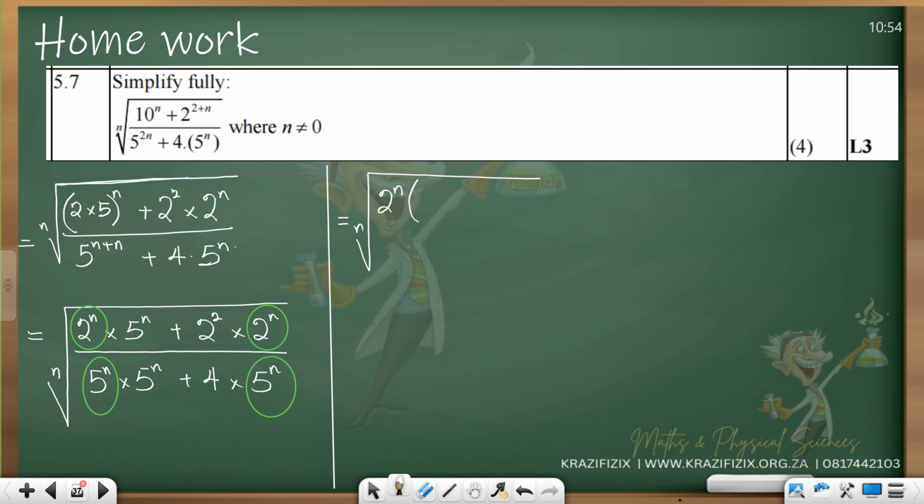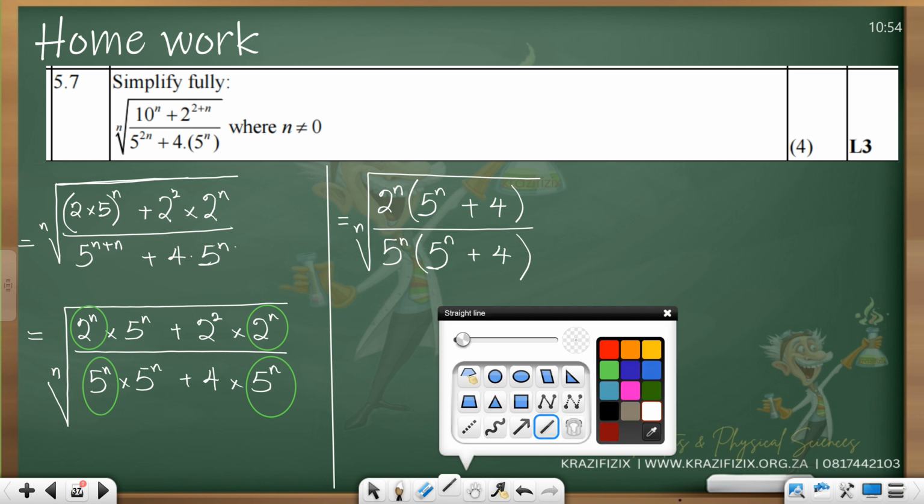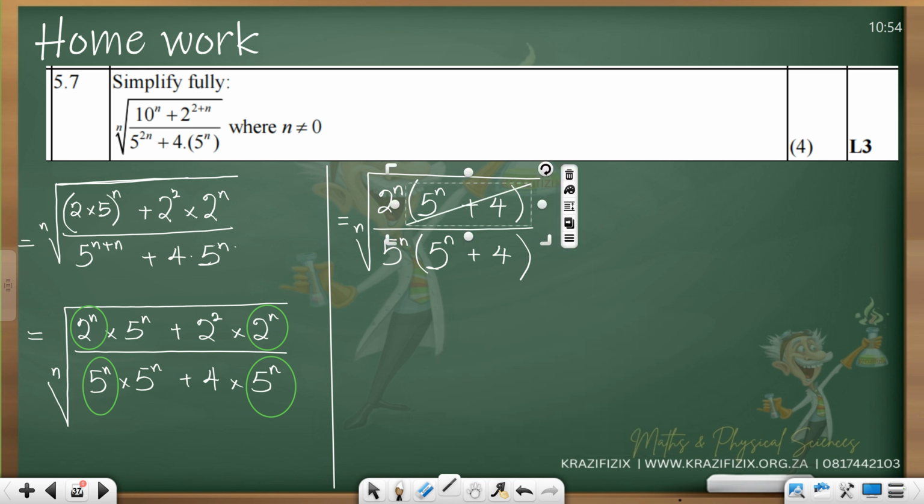What do we have left? 5 to the power n plus 2 squared, which is 4, over, what's common at the denominator? 5 to the power n. What do we have? 5 to the power n plus 4. Interesting. Do you notice that that would divide that? What we are left with is 2 to the power n over 5 to the power n.